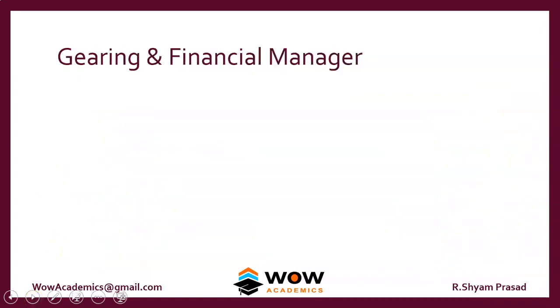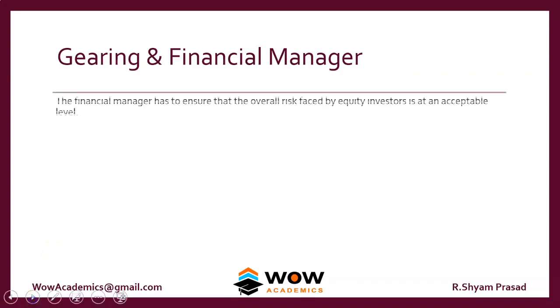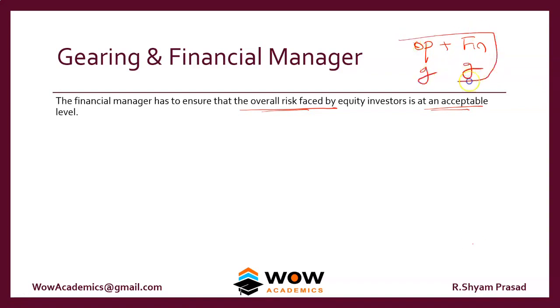Implications for a financial manager are as below. The financial manager has to ensure that the overall risk faced by the company is at an acceptable level. Because all companies have operational gearing plus financial gearing. So there are two parts, and a company which has both high leads to the overall gearing being very high.